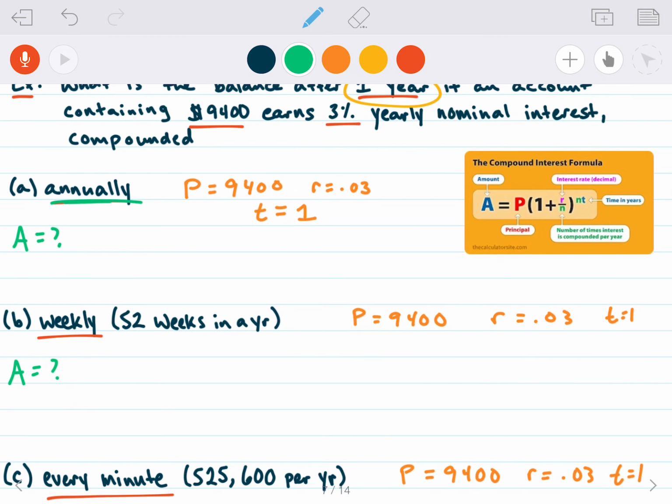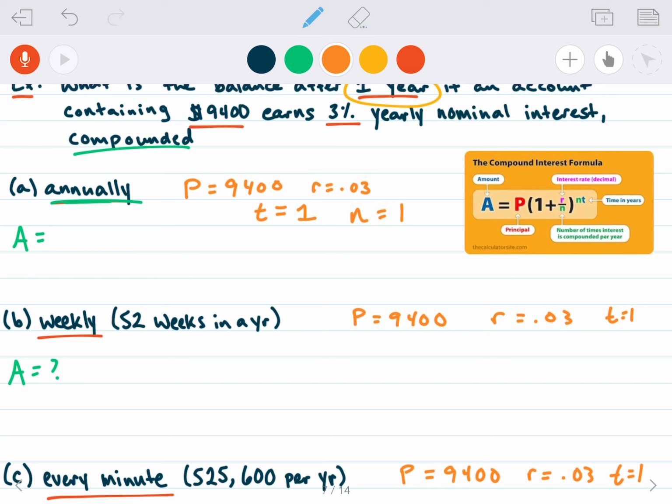If I'm compounding annually, annual means yearly. So I'm compounding once a year in part A. That means that N is going to be 1. That's the number of times we compound per year. So knowing all this, we can just plug it into our formula that we see to the right, and we'll be able to find A very quickly.